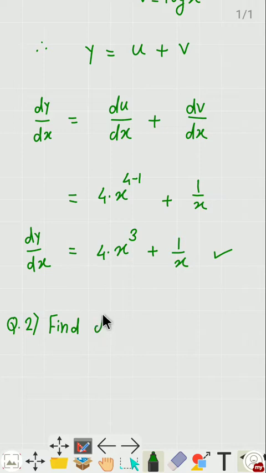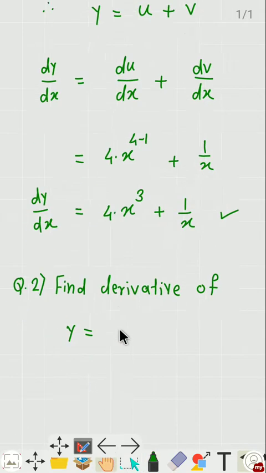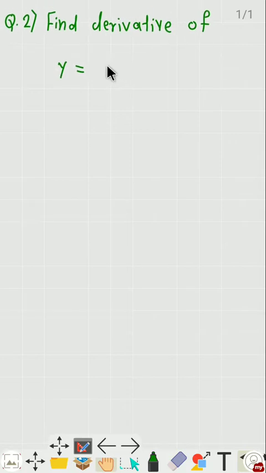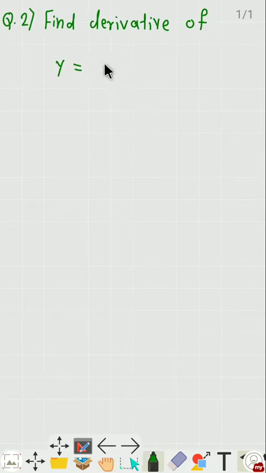Find the derivative of the function given, y is equal to e raised to x plus a raised to x.